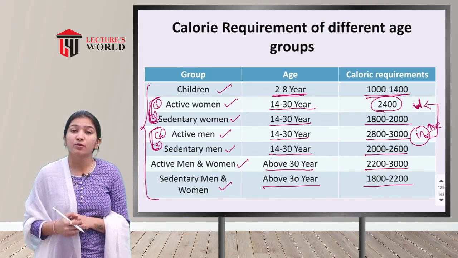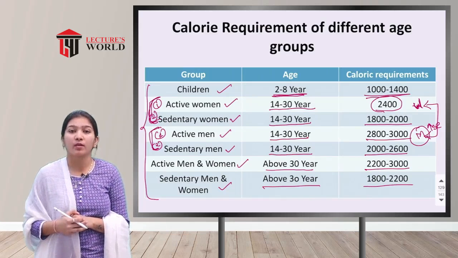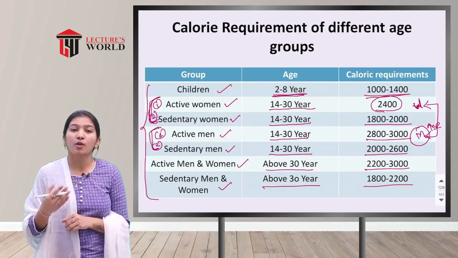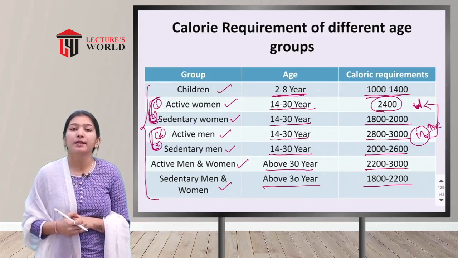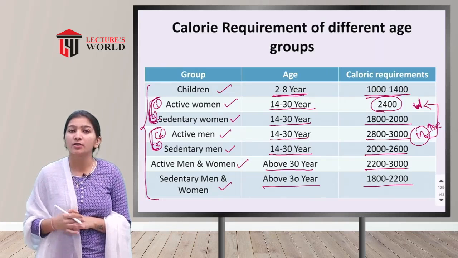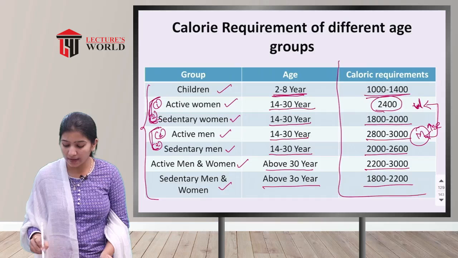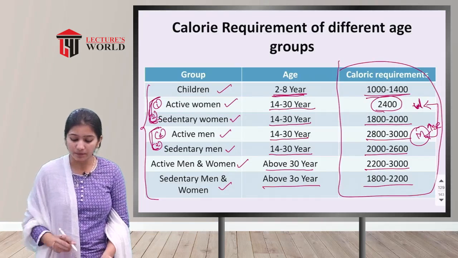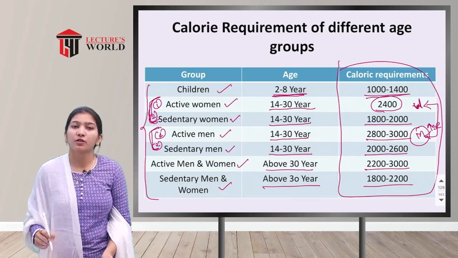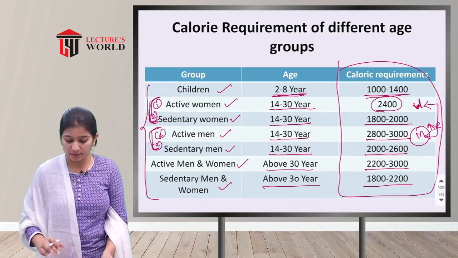We have discussed active males and females above 30 years, and sedentary males and females above 30 years. Here they have mentioned the calorie requirement, which they should consume in their day-to-day life.